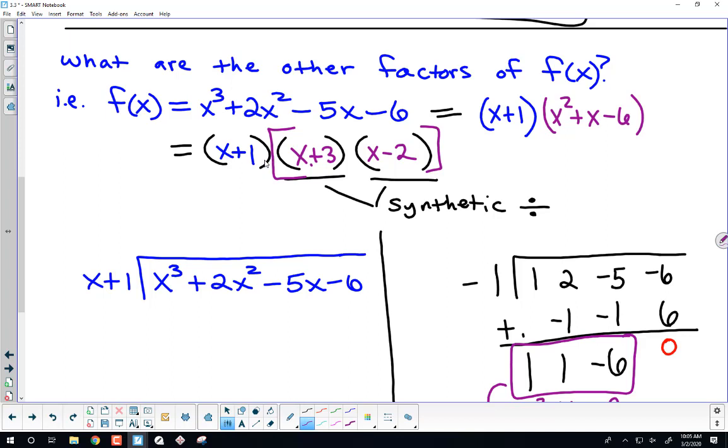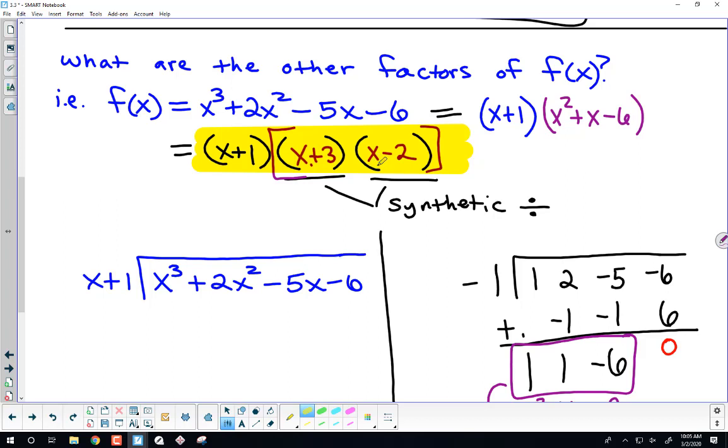So if we have the 3 factors here, this is our final answer. That's how that x cubed factors. We've got 3 factors there.